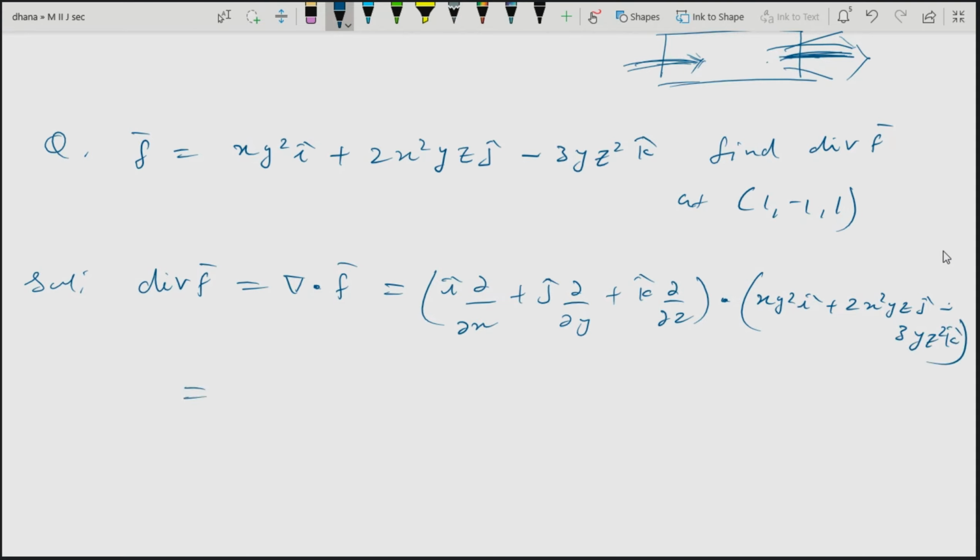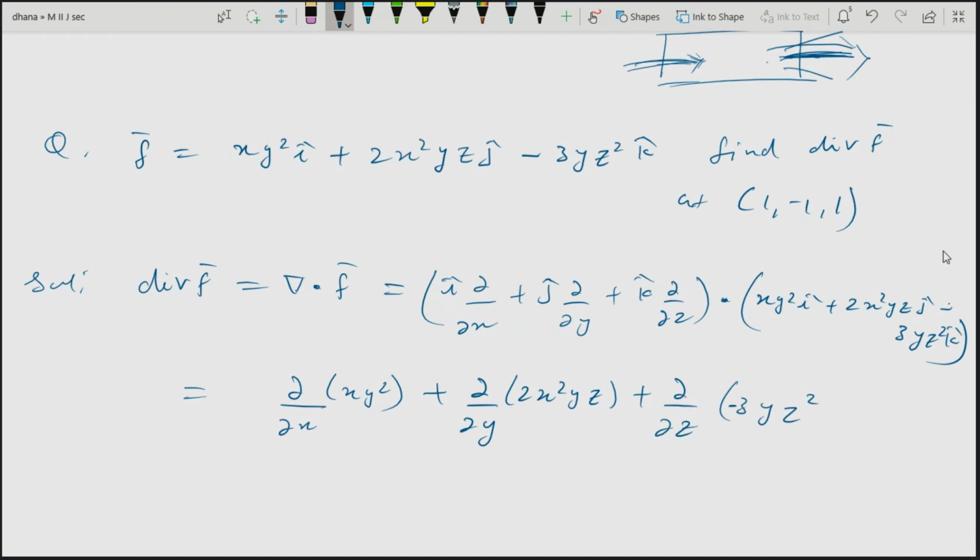Now since you are taking a dot product, only for i dot i you will get the answer. And what is the coefficient with i dot i? You have dou by dou x of x y square. Similarly with j dot j you will have dou by dou y of 2x square yz, plus dou by dou z of 3yz square with a minus sign, of course.